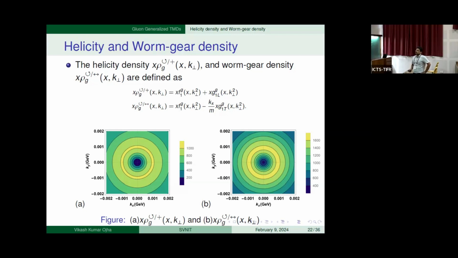And here, the probability density of circularly polarized gluons when the target is transversely polarized. And these are the plots in momentum space. What we observe is a kind of cylindrical symmetry, and in this particular case, the worm-gear density, the contours are uniformly distributed, but here the contours are not uniformly distributed.